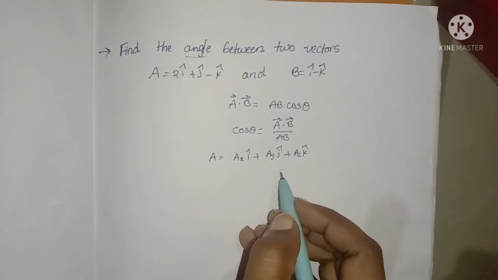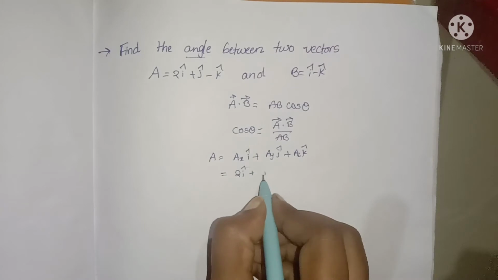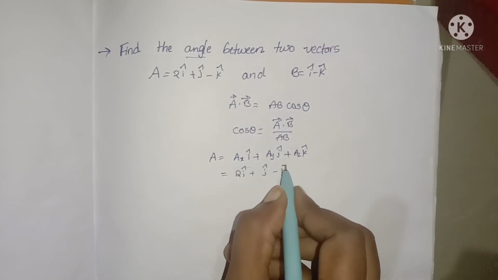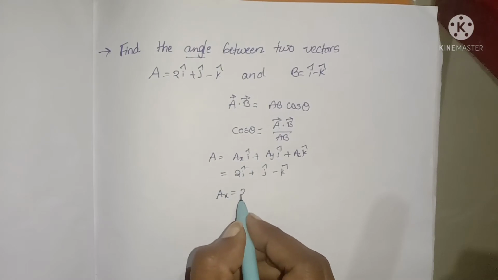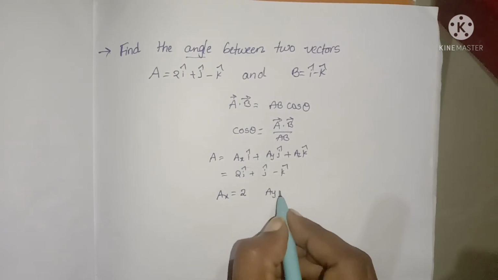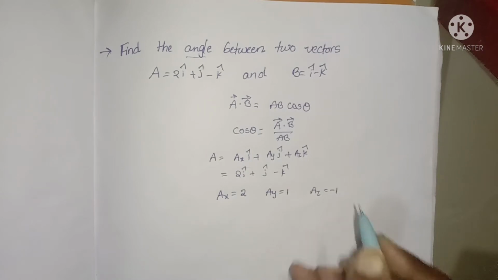So this is the form. Here they gave 2i cap plus j cap minus k cap, that means ax equals 2, ay equals 1, az equals minus 1.